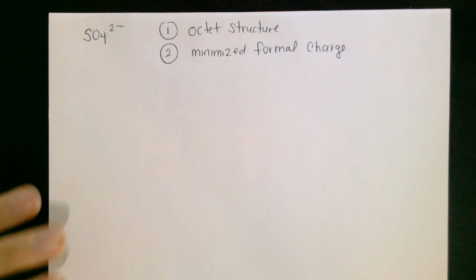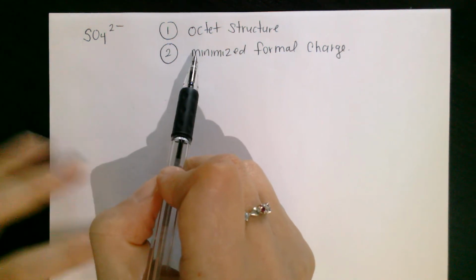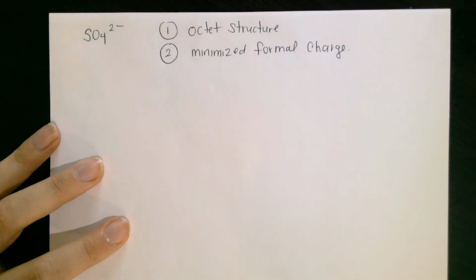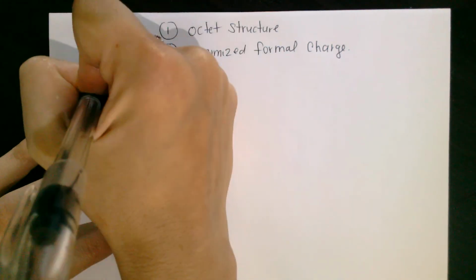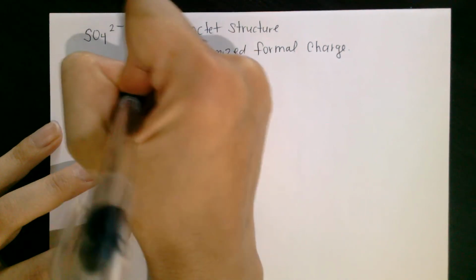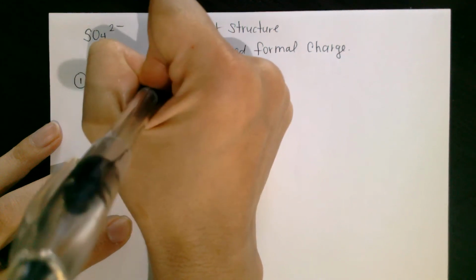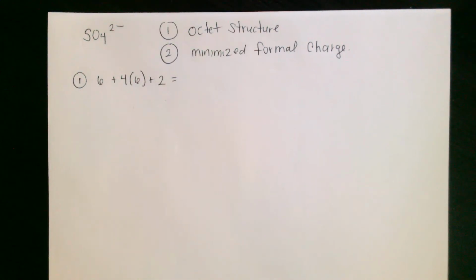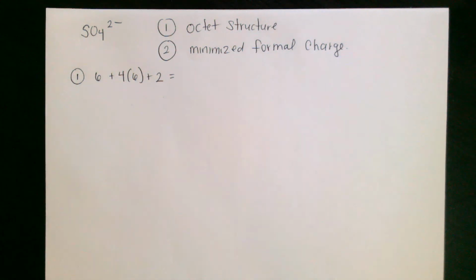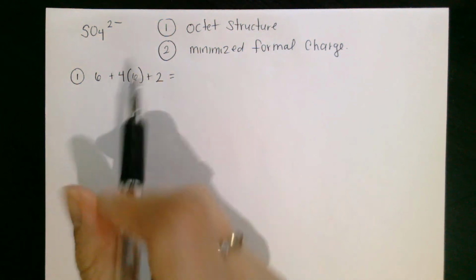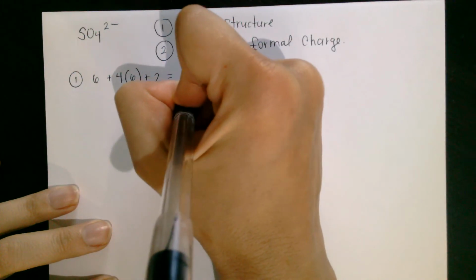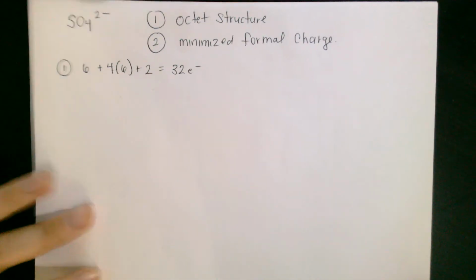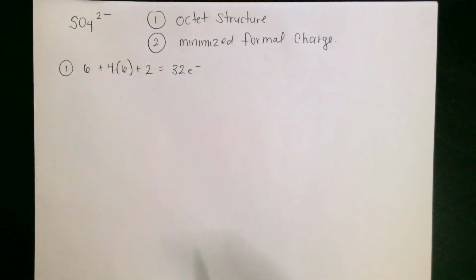Okay, so sulfate, let's walk through it. We have SO4 and we have 2-. Let's add it up. Sulfur gives us 6, oxygen gives us 6 each, and then we get 2 extra for the -2 charge. So we end up with 5 times 6, which gives us 30, plus 2 gives us 32 electrons. The first one suggests we can draw an octet structure here.